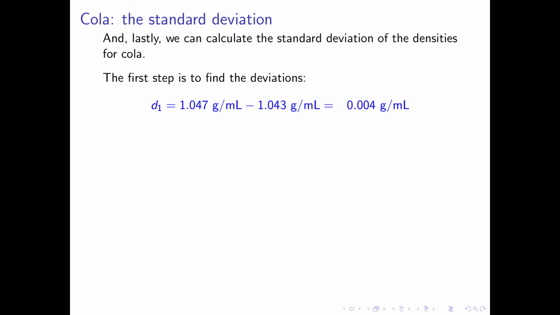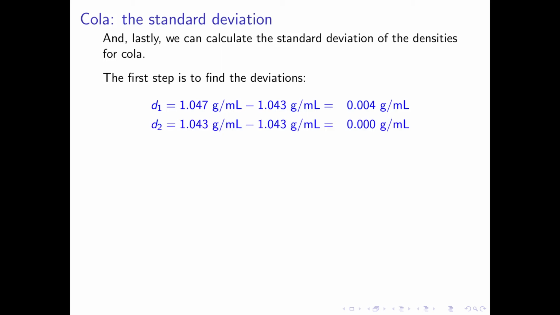And lastly, we can calculate the standard deviation of the densities for cola. First, we must find the deviations of the individual readings. For the first reading, D1 is equal to 1.047 grams per milliliter minus the average value of 1.043 grams per milliliter. This gives a deviation of 0.004 grams per milliliter.